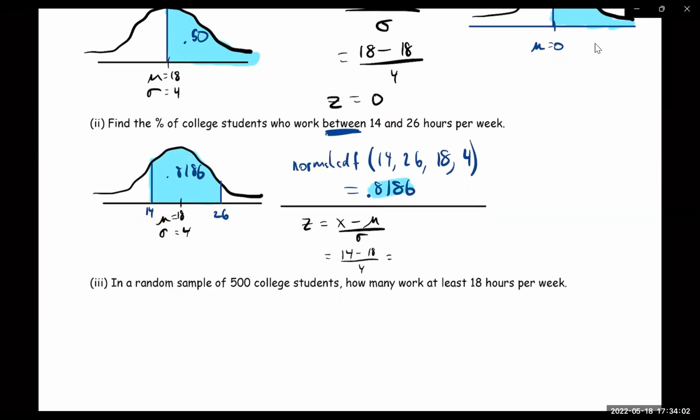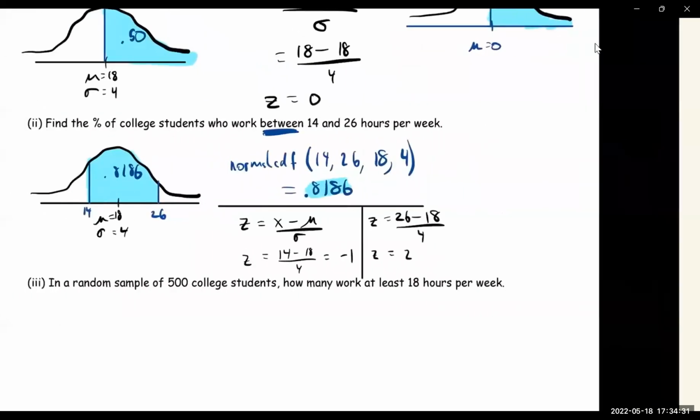That's going to be -1. All right, let's do the same thing with 26. Z equals 26 minus the mean, 18, divided by 4, the standard deviation. You should get 2.